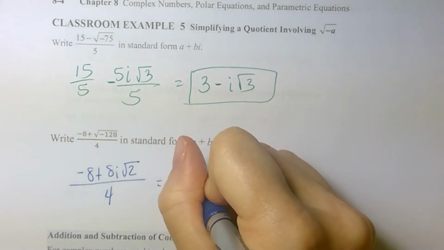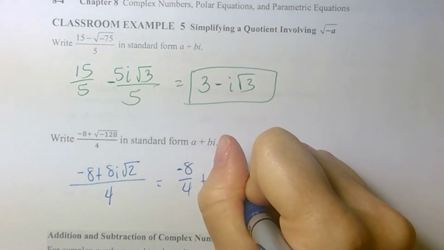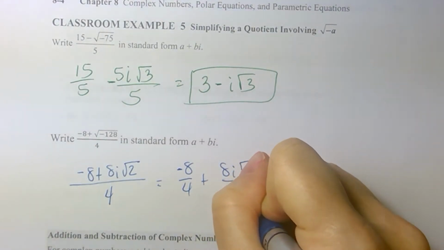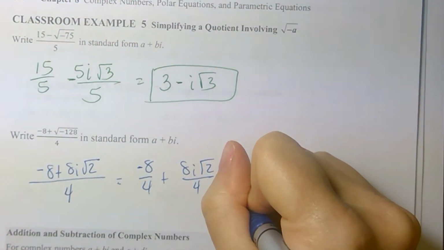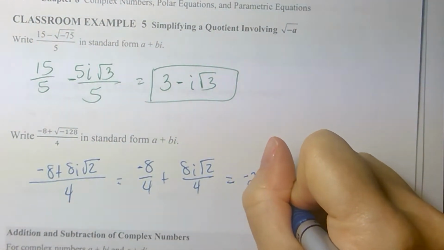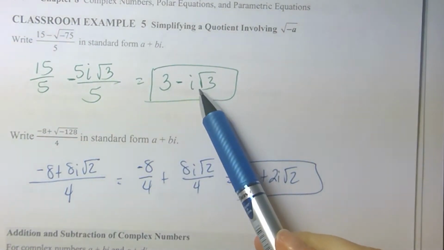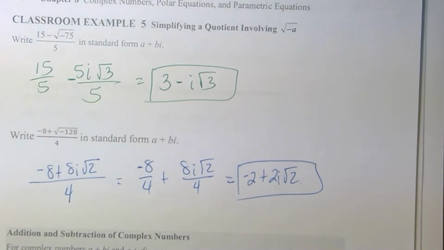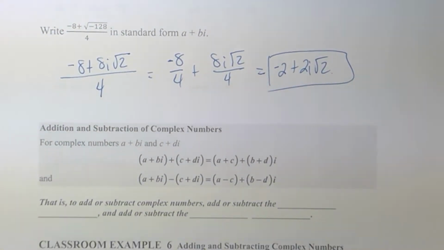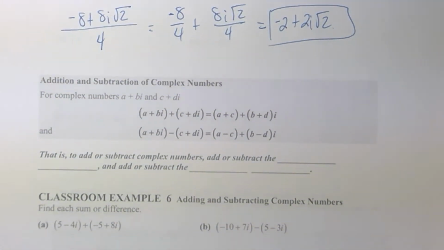And if I need to think about it split apart, I can do that. And what I end up with is -2 plus 2i square root 2. And notice when I have that radical, I keep the i in front of it so that I don't accidentally confuse and get that i underneath the radical.